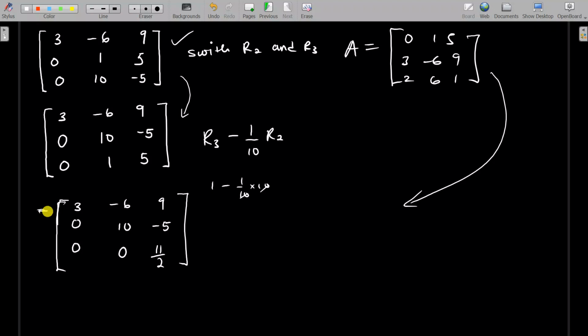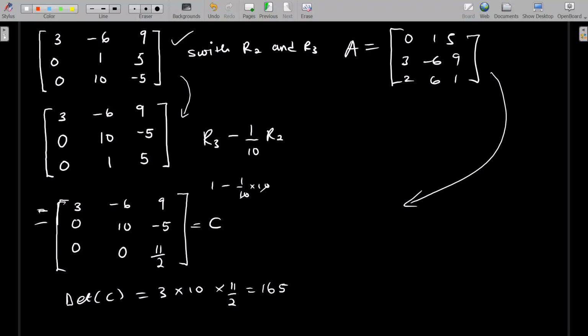Now the determinant of this reduced matrix, let's call it matrix C, is 3 times 10 times 11 over 2, which is 165. The reason we go through this whole thing is that we want to get an upper triangular matrix, and then multiply the diagonal entries to get our determinant.